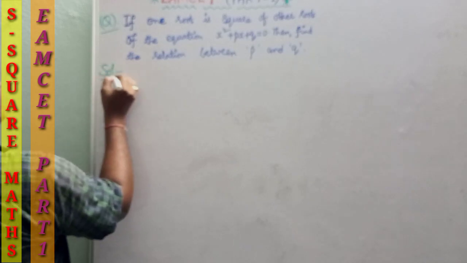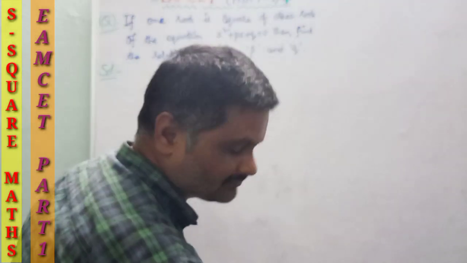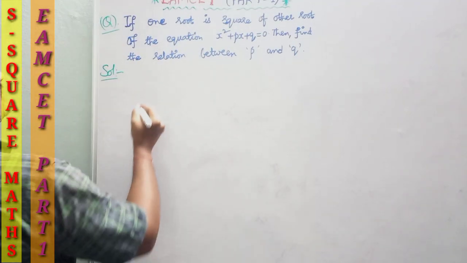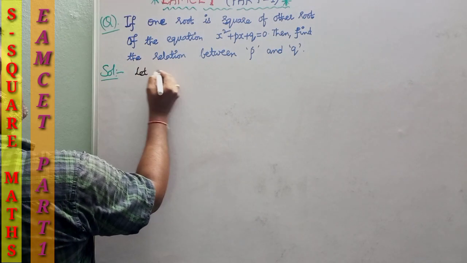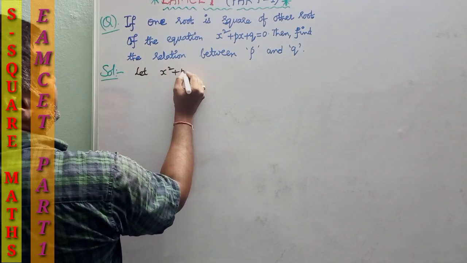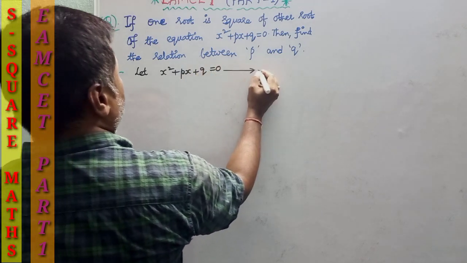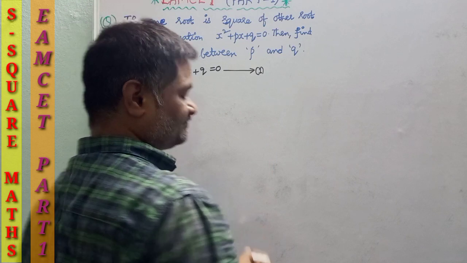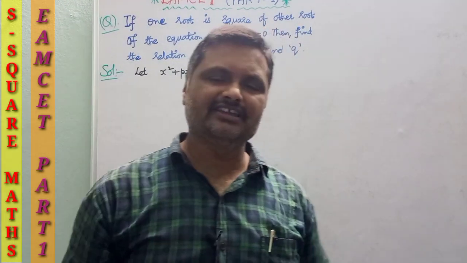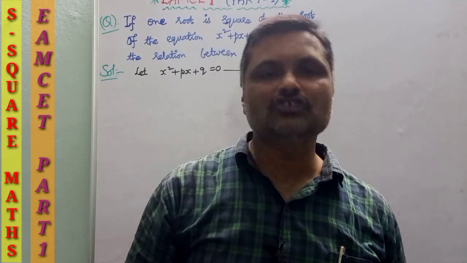Solution. Let x square plus px plus q is equal to 0 be equation 1. Since it is a quadratic equation, there exist at most two roots.